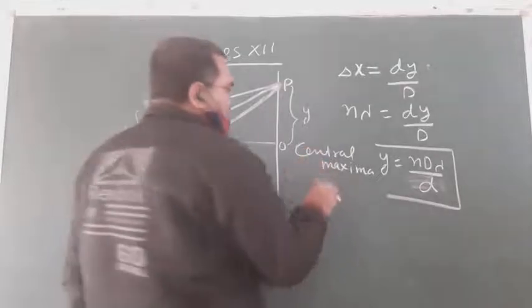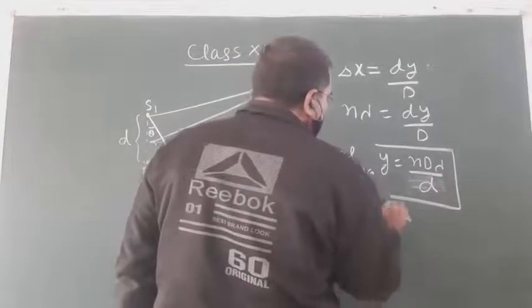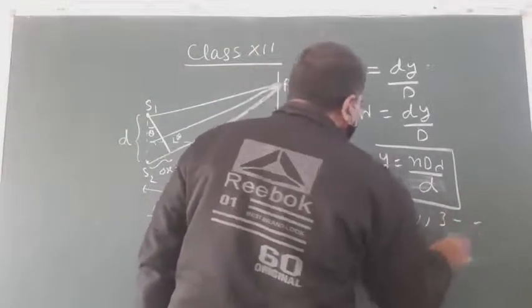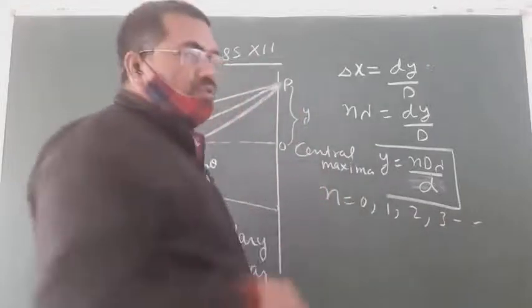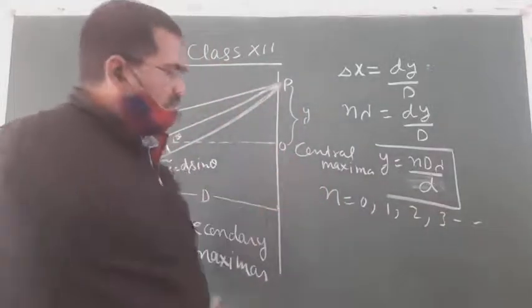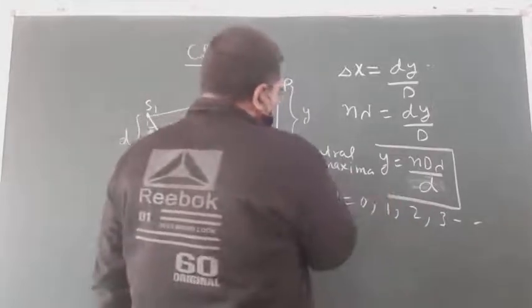Put the value n equal to 0, 1, 2, 3 and so on. If you put n equal to 0, you will get central maximum, that is 0.